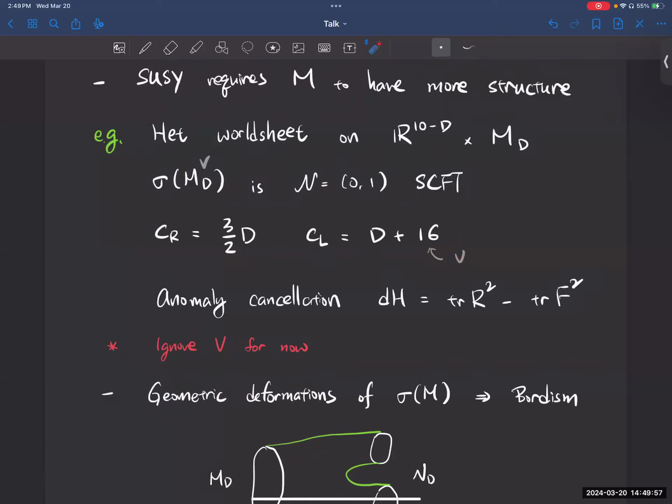This worldsheet theory is left-right asymmetric. The central charges are different. There's a gravitational anomaly. And then there's also a bunch of anomaly cancellation conditions, which require that M_D has to have some extra structure. It's known as a string structure, but the precise definition of that is not too important.